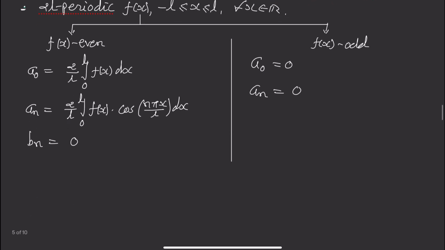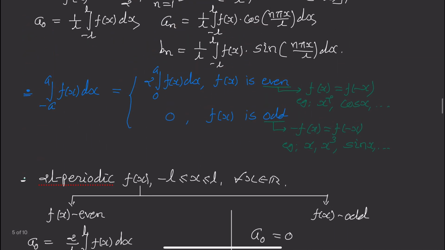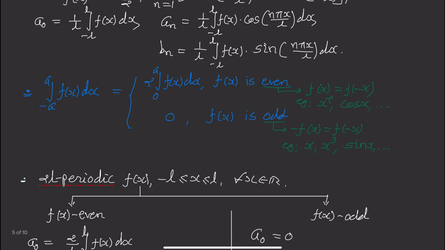What is bn? See, f of x is odd, sine is odd function, product of two odd functions is even, odd into odd is even. Can you understand why odd into odd is even? So suppose I have given two functions, f of x and g of x.